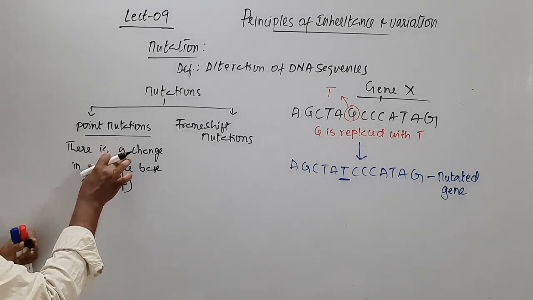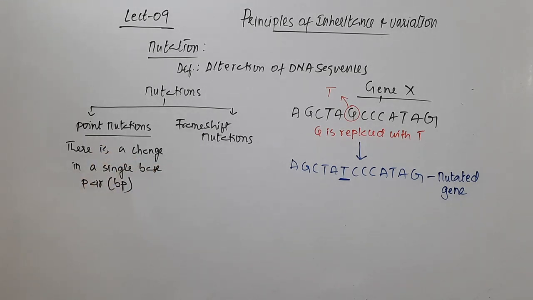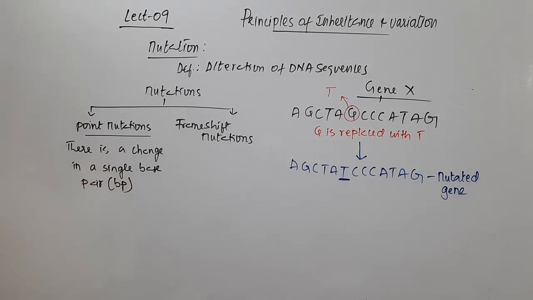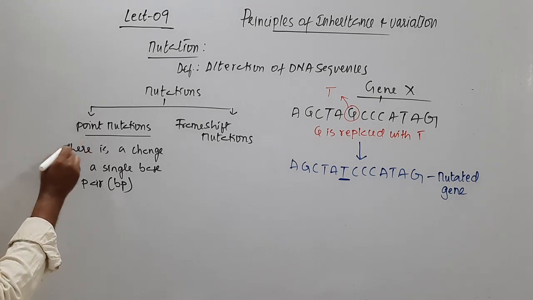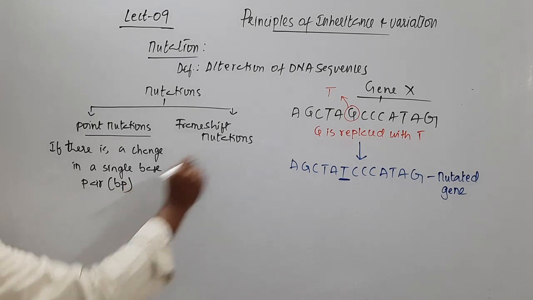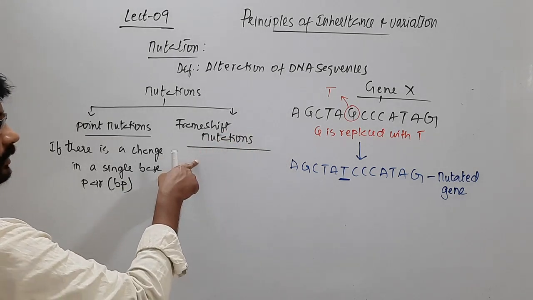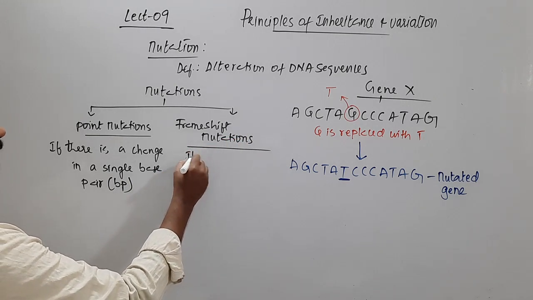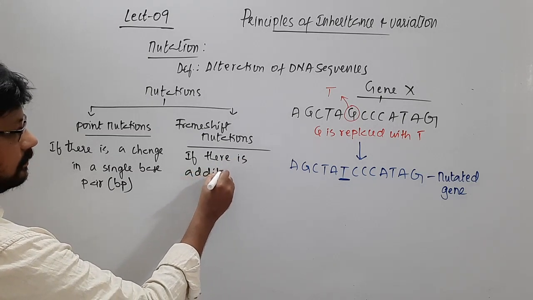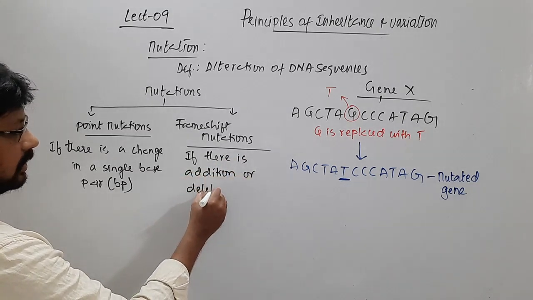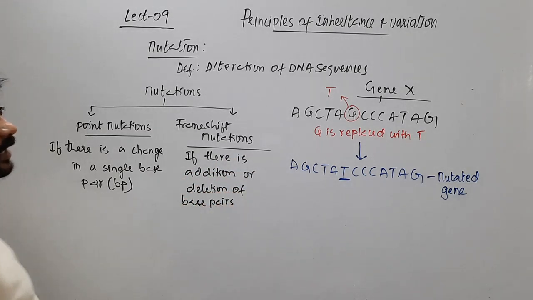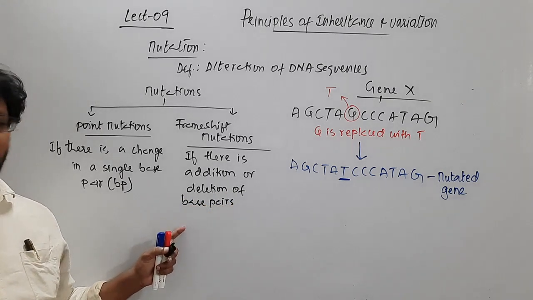So if there is a change in a single base pair, then the condition is called point mutation. And if there is addition or deletion of base pairs, then the condition is called frame shift mutation.